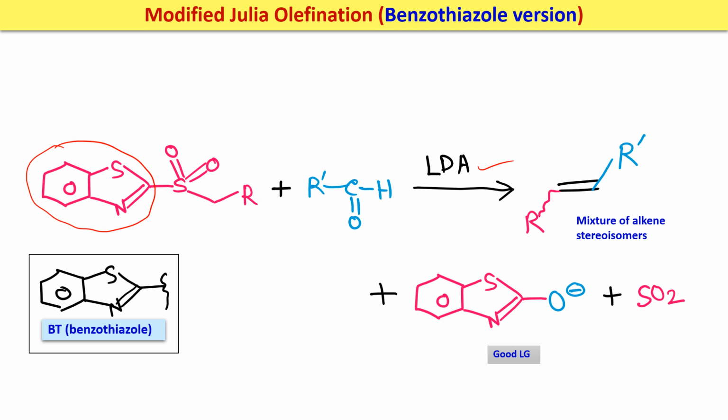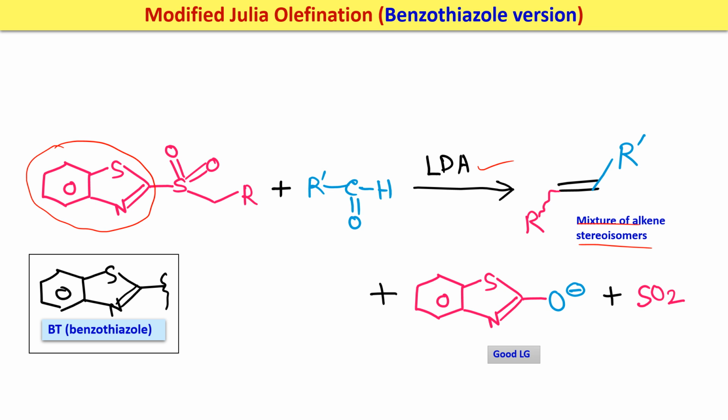Now here in a single step you are seeing we are getting alkene, but here we have another disadvantage for this modified Julia, that we are getting a mixture of alkene stereoisomers. So when you see the detailed mechanism, it will be clear to you why we are getting a mixture, why we are not getting E, as we have seen in the previous case.